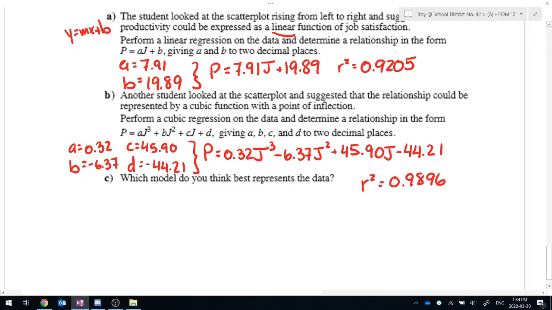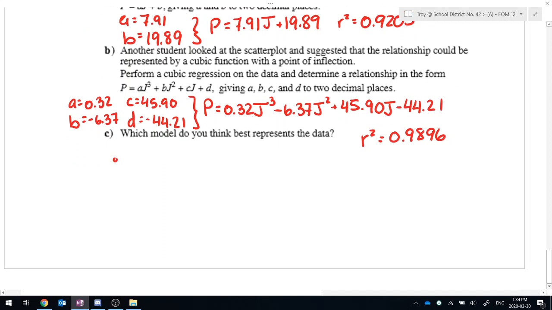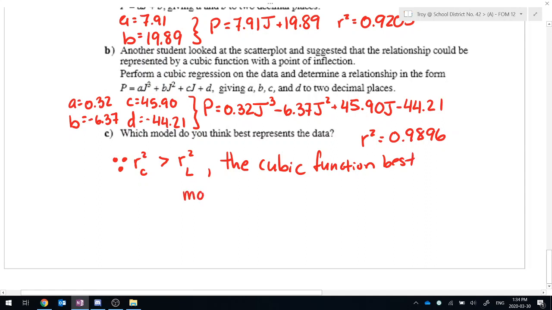Okay, so what I'm going to say is, because, remember these three dots mean because, the r squared value of the cubic function is greater than the r squared value of the linear function, we'll say the cubic function best models the data.